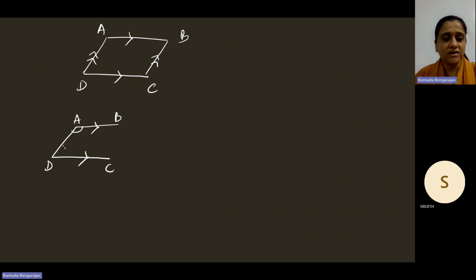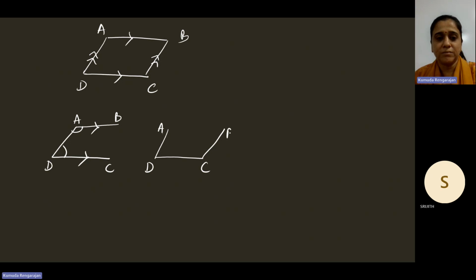So these two angles are co-interior angles. When you rotate the C, it becomes a U. Can you see this one? A, D, C, B, where this is parallel to this one, and this is a transversal. So this angle plus this angle is 180.